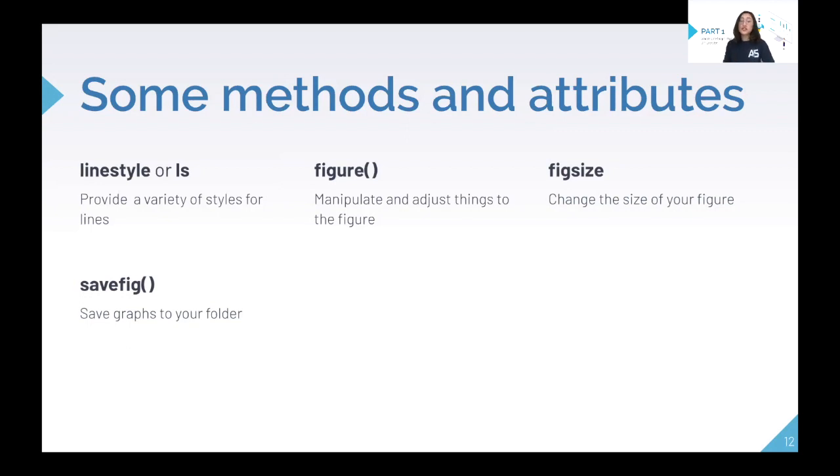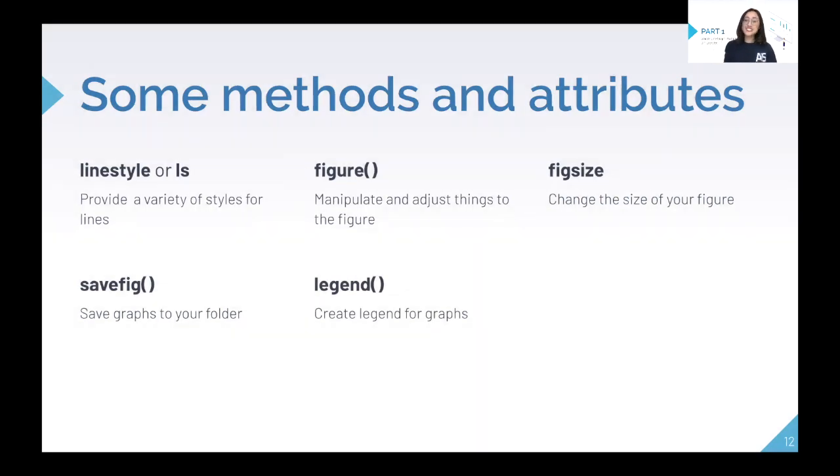So savefig is the method for you to take the graph that you make in Jupyter Notebook and put it out, so you can use it in your presentation, or in your report and so on. So this is saving figures. Legend creates a legend for your graph in case you have multiple lines in one graph and you want to specify which one is which. So legend would help you make that.